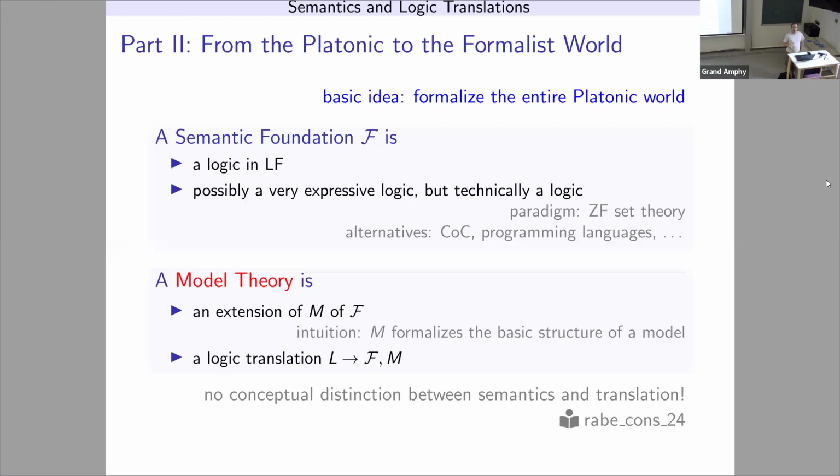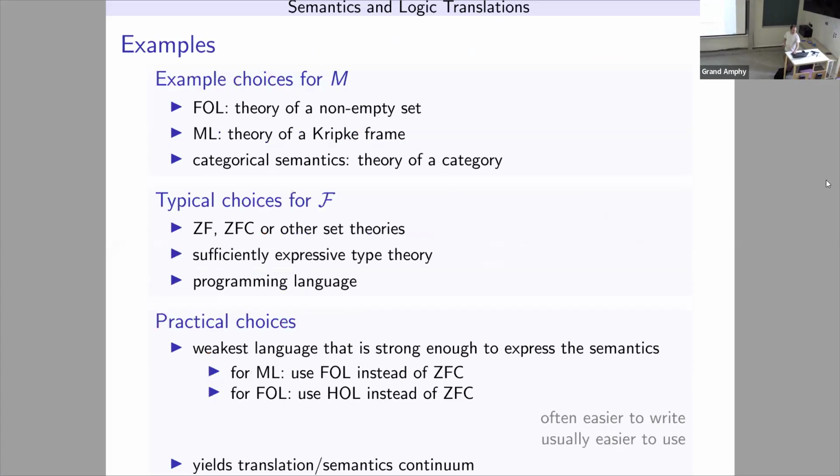We just formalize that in the logical framework. We translate into it, and we have semantics. And we can define what it means to be a model theory in general and to be an individual model. So all of these slides are just recapping what I sketched on the board.